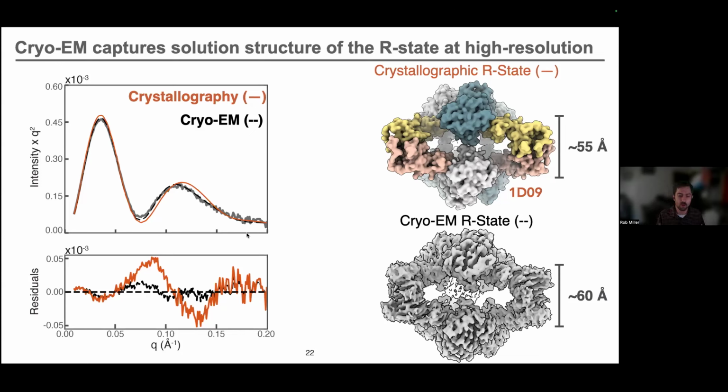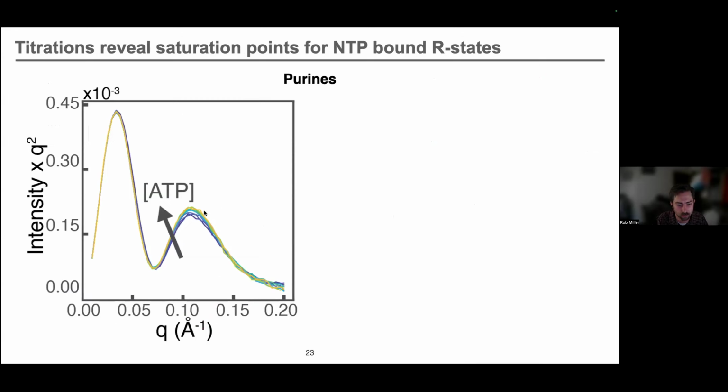But again, we really want to understand how these allosteric nucleotides modulate this enzymatically active R state, leading to the effects on enzymatic activity that we observe. And so once again, we turned back to the SAXS beamline because we had identified conditions that fully saturated the enzymatically active R state. We first saturated the enzyme in that state and then slowly began performing nucleotide titrations, first with the purines, where we fixed the enzyme in the R state and slowly titrated in ATP.